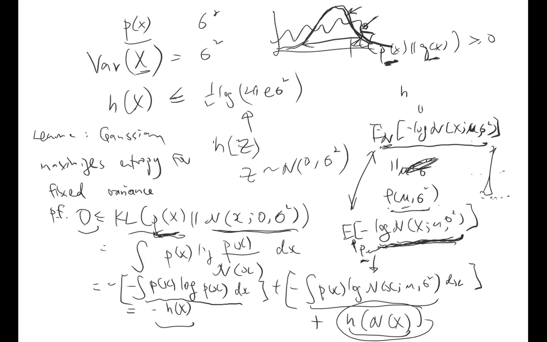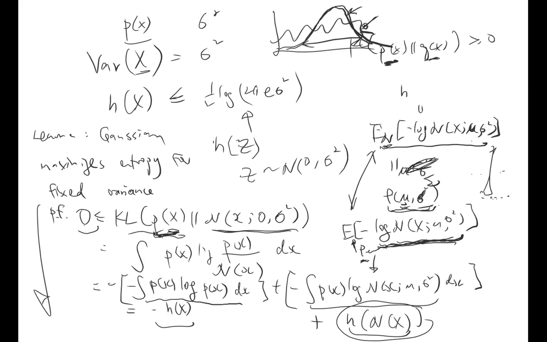I'm not going to go through the full proof, because I'm showing this for a scalar. Actually, this argument holds even when you go to the multivariate Gaussian, because then this thing will be a function of the mean and the covariance matrix.